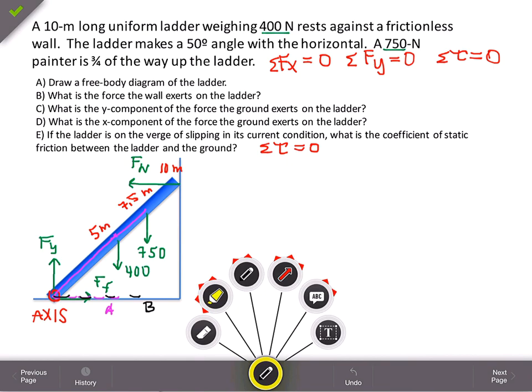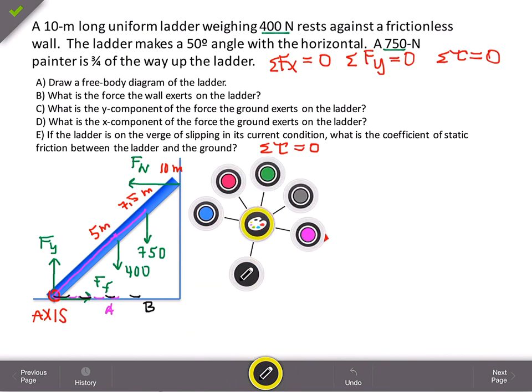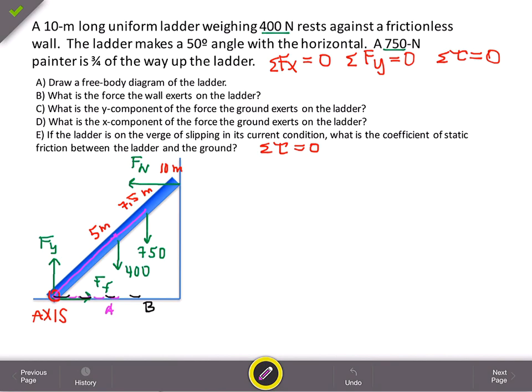And my normal force points horizontally. That means that the part of the distance that's going to be perpendicular is this distance right here, which I'm going to call C. And I'm going to represent these distances using what I know about geometry.